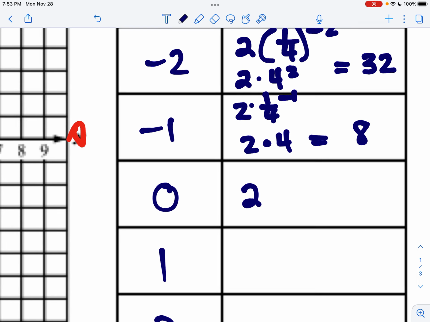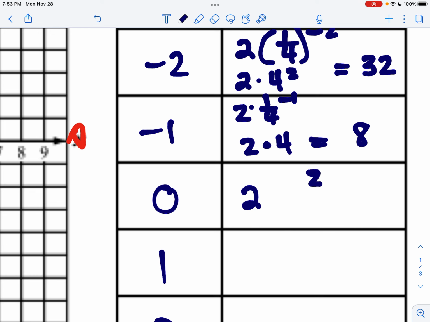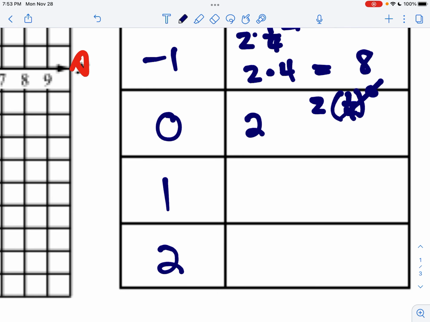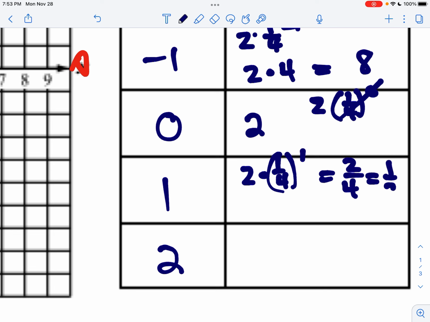Again, if you don't remember and you start doing the math, you can. 2 times 1/4 to the 0 power. 1/4 to the 0 is just 1, so 2 times 1 is 2. 2 times 1/4 to the first power is just 2 times 1/4, which equals 2 over 4, which is 1/2.